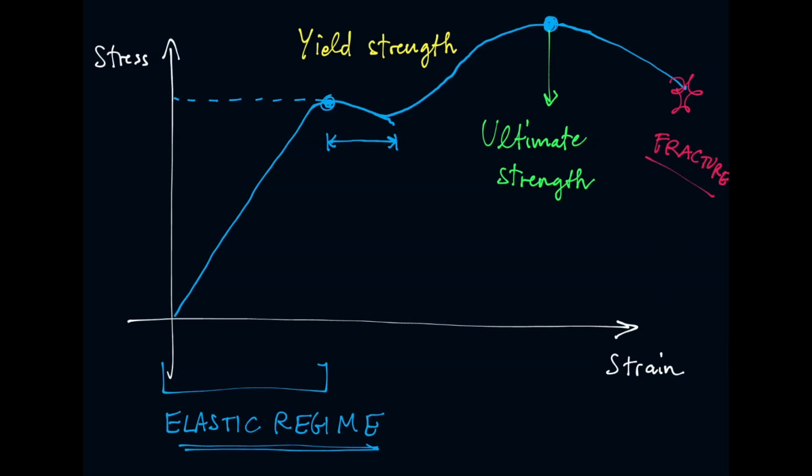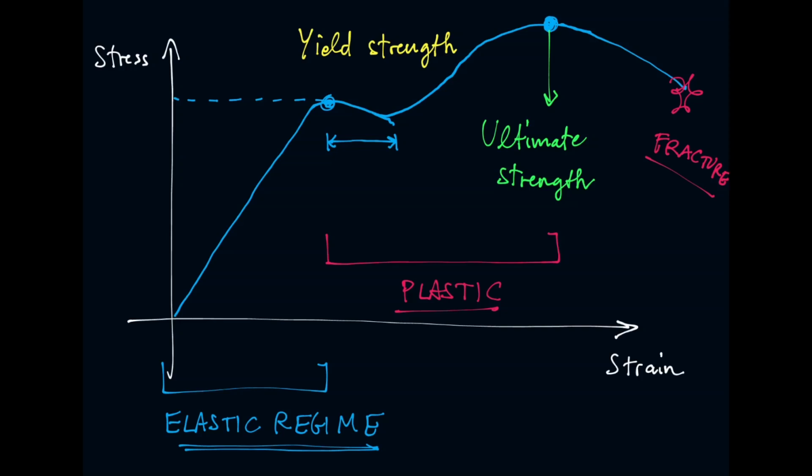Fracture, breaking point. So after the elastic regime, there's a plastic regime where past the yield strength but before the ultimate strength, the deformations are permanent. The material will never go back to the original shape and properties, but not yet reaching complete failure.